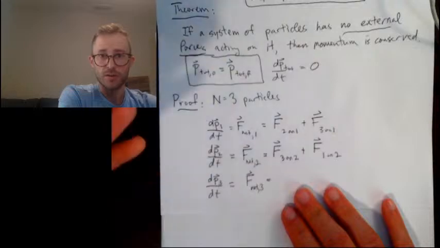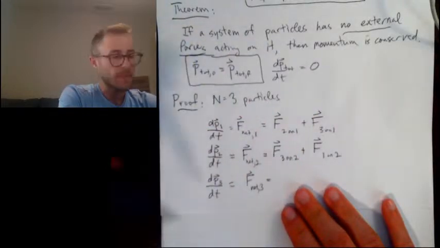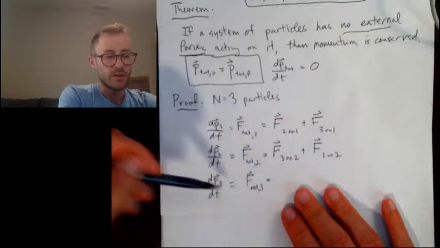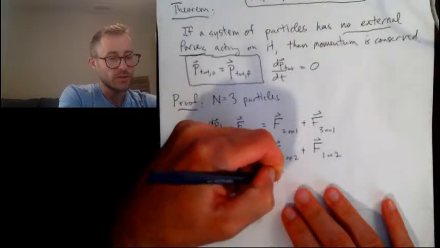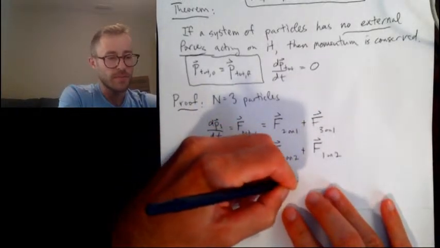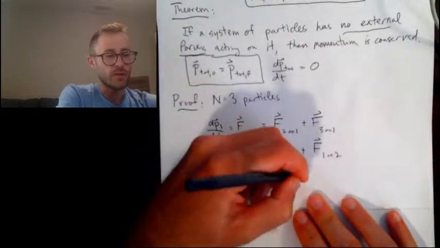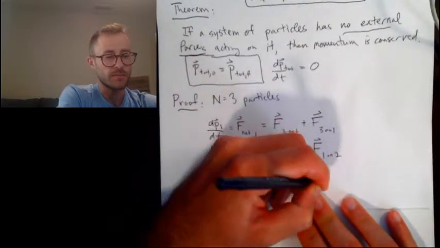Well, since there's no external force, the only thing that could exert a force on particle 3 is particles 2 and 1. So there's the force of particle 1 on particle 3, and then there's the force of particle 2 on particle 3.